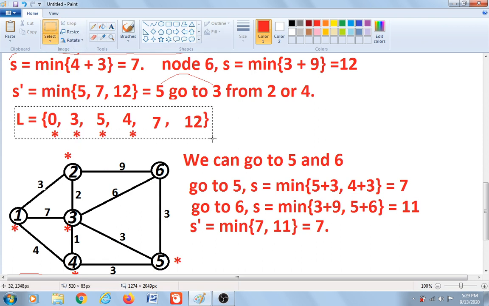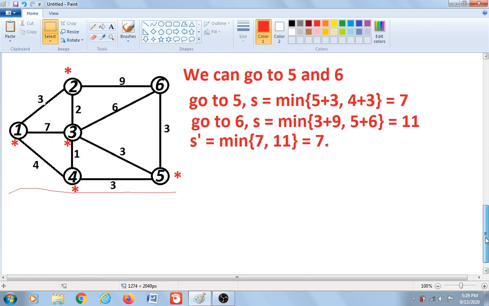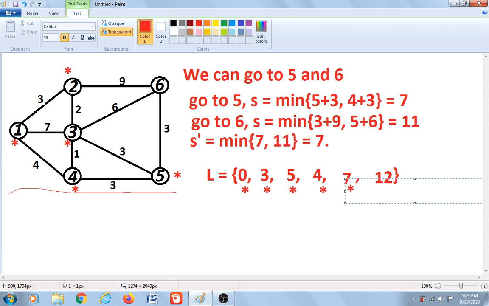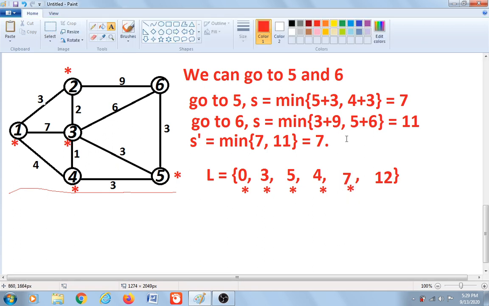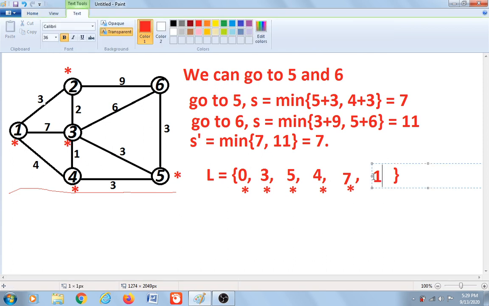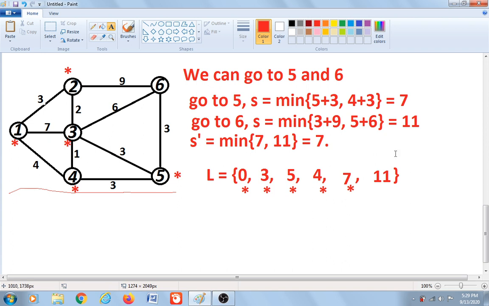So I'm just gonna copy this guy. Okay, I'm gonna put it here. Okay, so it stays 7, and now it is permanent, because node number 5 gives the minimum distance, but this guy you need to change into 11, because here it is 11 now.